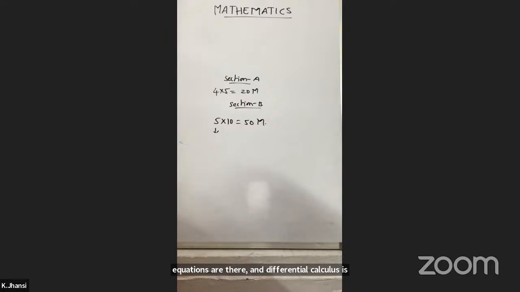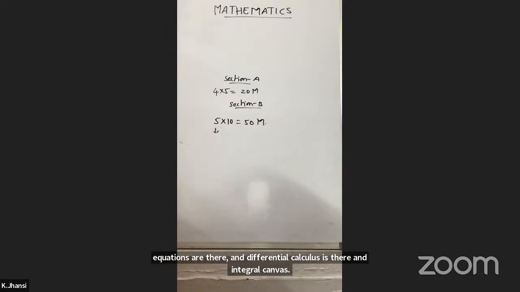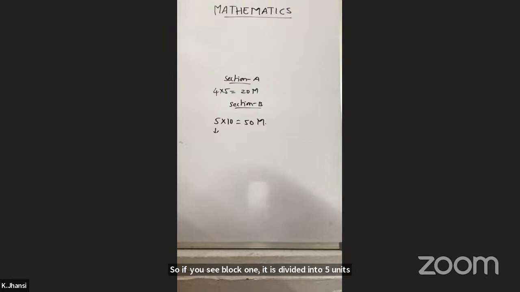If we see block 1, it is divided into 5 units. The first one is the coordinate system, which is useful for representing any point. In practical classes, you will do some graphs, no?